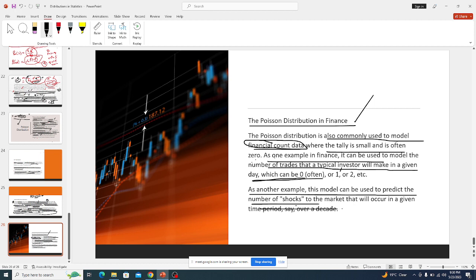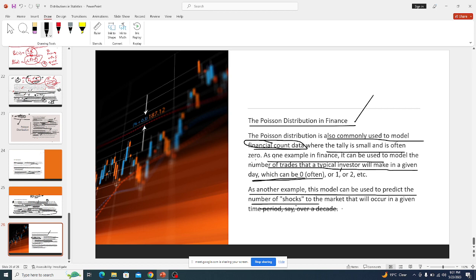Shocks here might mean external factors which will affect a stock market. So we might be able to predict how many times Safaricom shares will go down in a year. Yes, we can measure that.